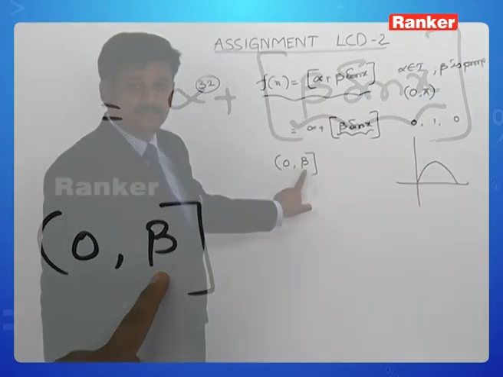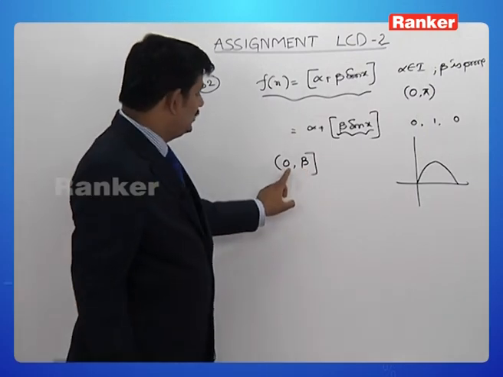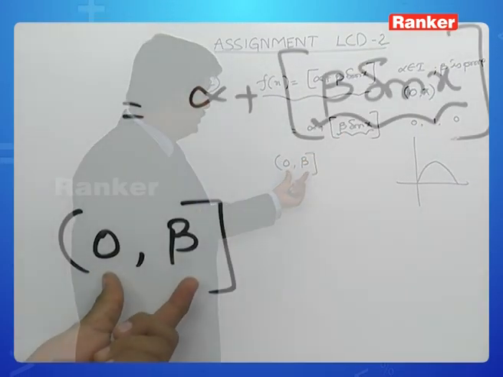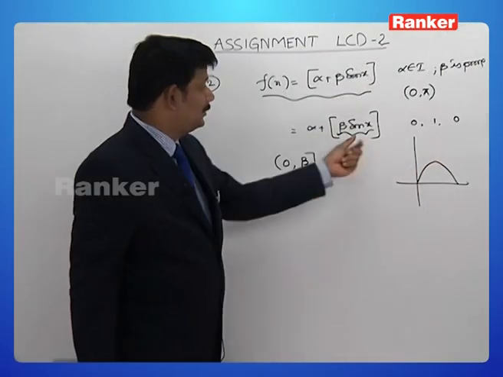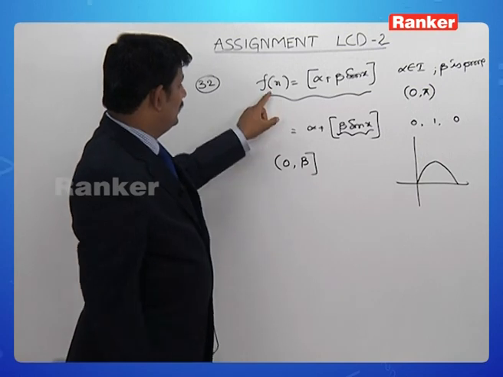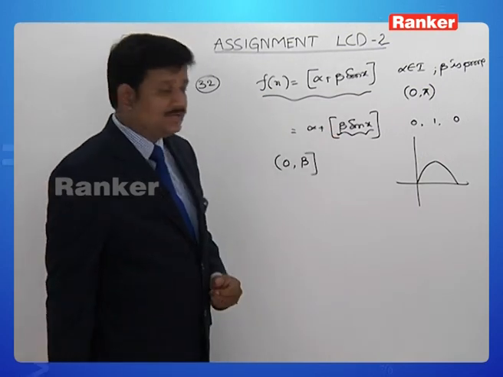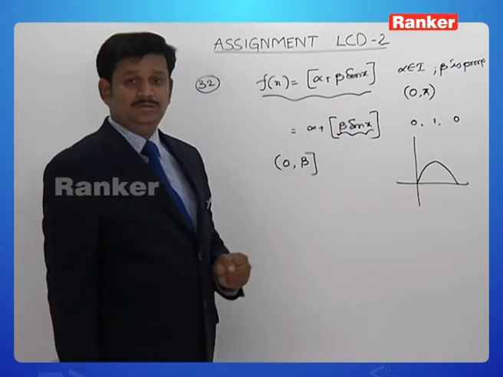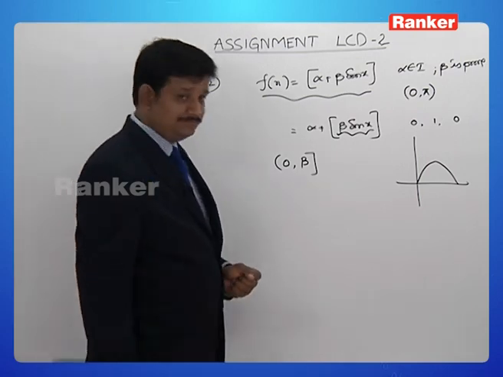Beta is a prime number. So, in between, whenever beta sin x is an integer, f of x is bound to be non-differentiable because of the discontinuity.